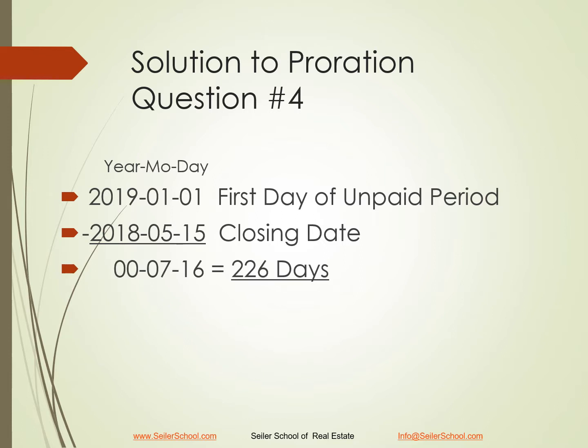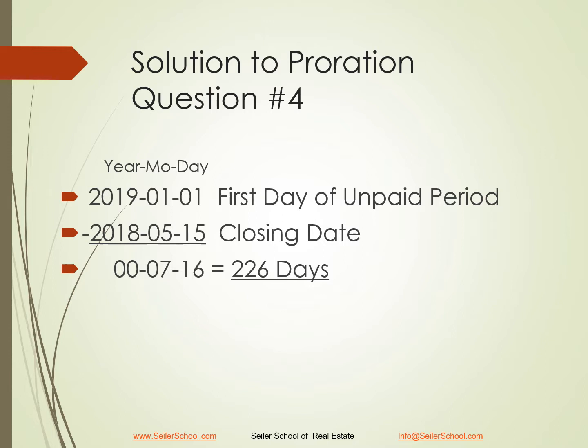Here again, just like in our last proration problem, we're going to have to borrow. In our day column, we can't subtract 15 days from 1, so we go over to the month column, the second column from the right, and borrow 1 month, which is 30 days. 30 plus 1 is 31 days minus 15 equals 16 days.